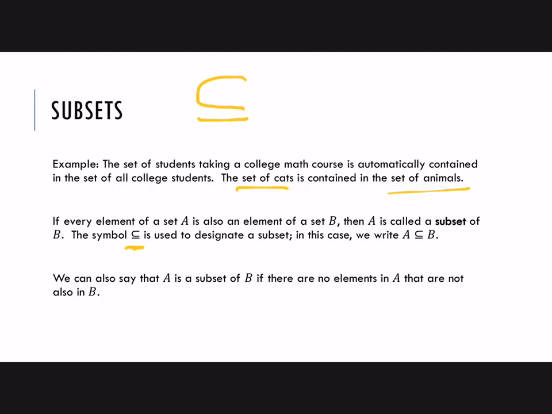All right, so if every element in A is also in B, then we write A is a subset of B. All right, so we could say the set of cats is a subset of the set of animals.